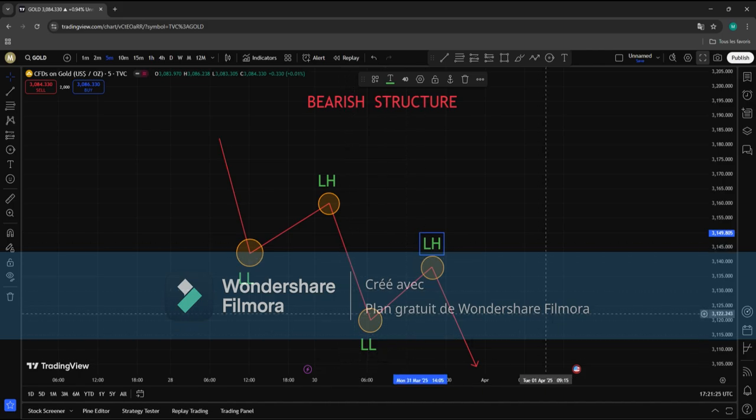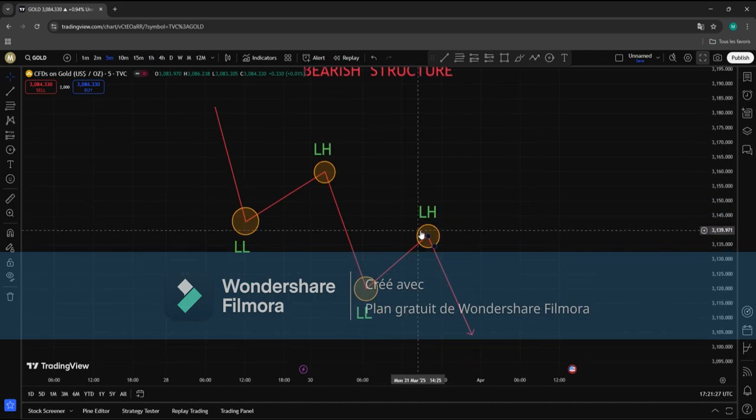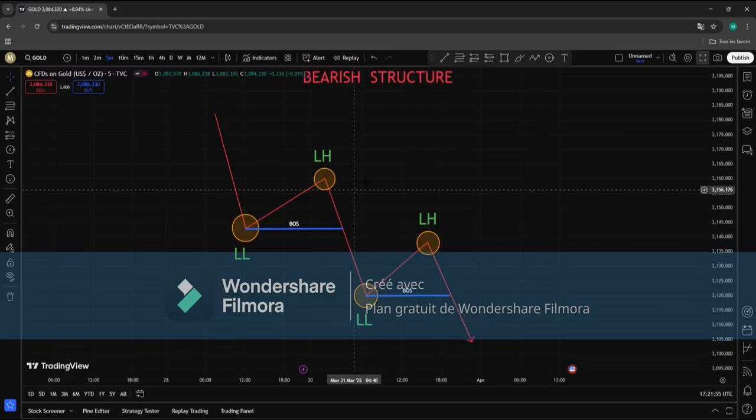It goes on to create a lower low, then a lower high, and breaks this lower low, and we name it BOS, like this. We create a BOS when the market breaks the last lower low. The market goes here and breaks the last lower low, and goes here and breaks the last lower low, and this is the bearish structure.